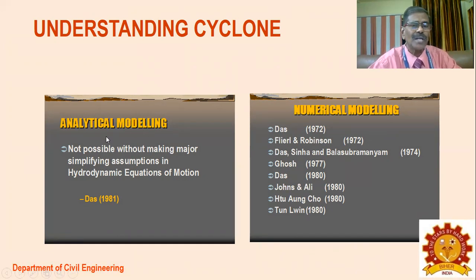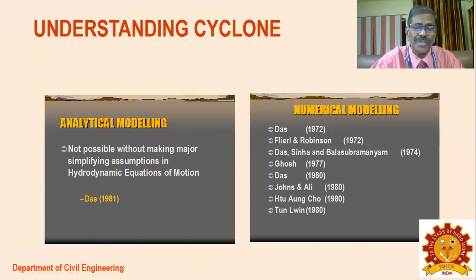For the analytical model, you can frame some equations because you can measure the pressure, the direction, the velocity, so many things you can measure in the storm. You can frame an equation for that. An analytical model may be possible for you to construct, but numerical modeling is very difficult because numerical modeling will end up with maybe some higher order mathematics.